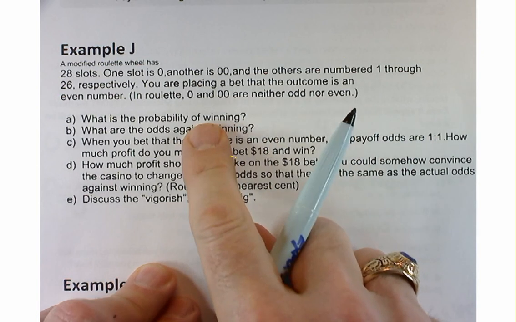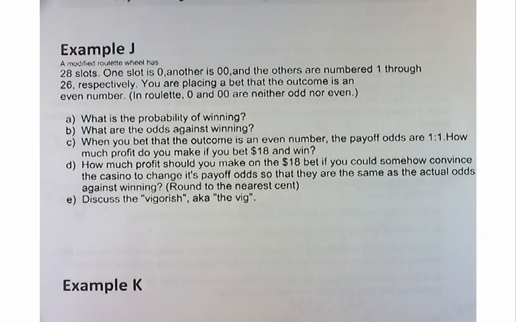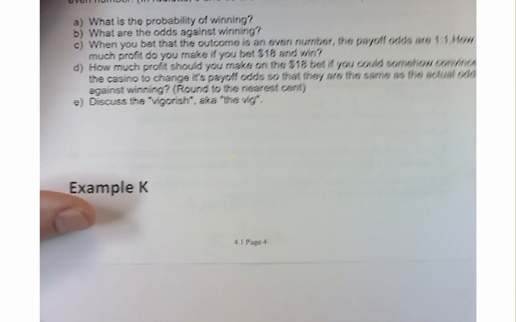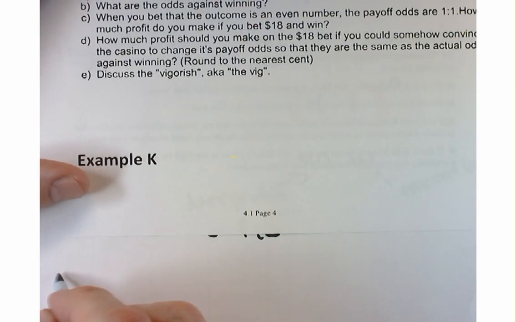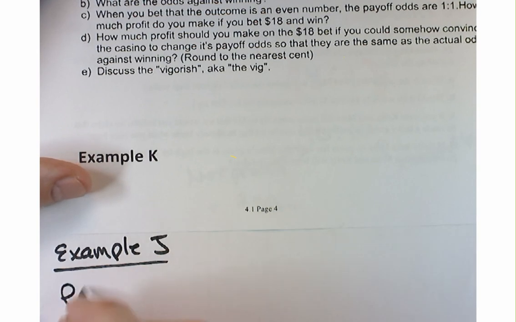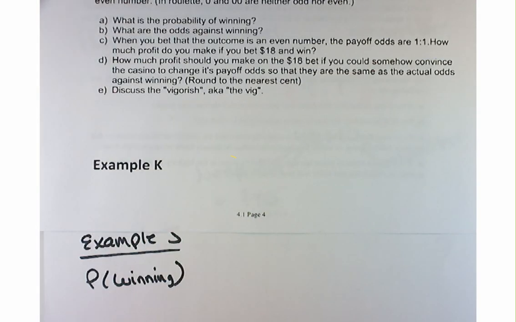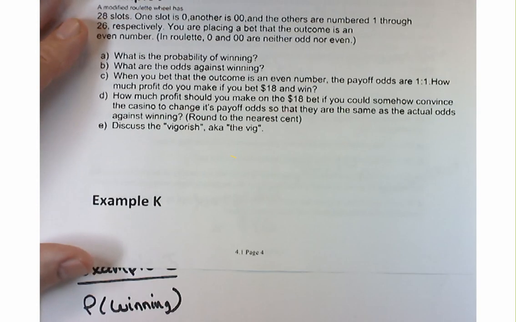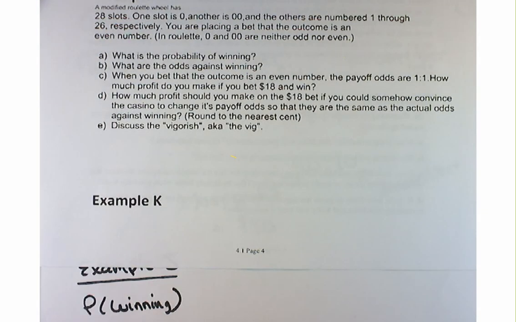What's the probability of winning? So let's work with that first. This is example J. The thing to know about this is that each one of the slots on the roulette wheel is equally likely as you spin that ball. There's an equal chance that it goes into any of them.